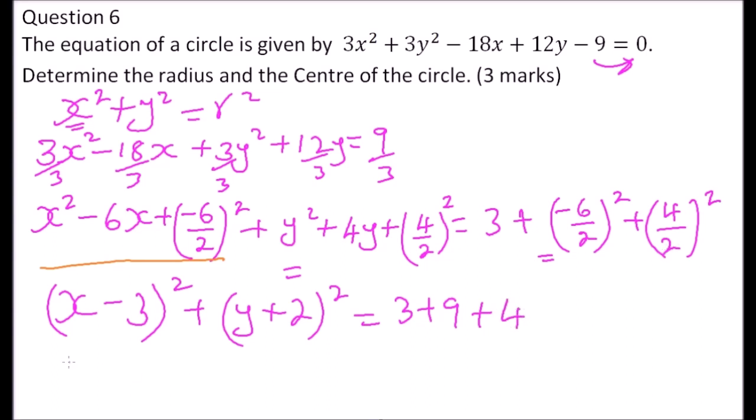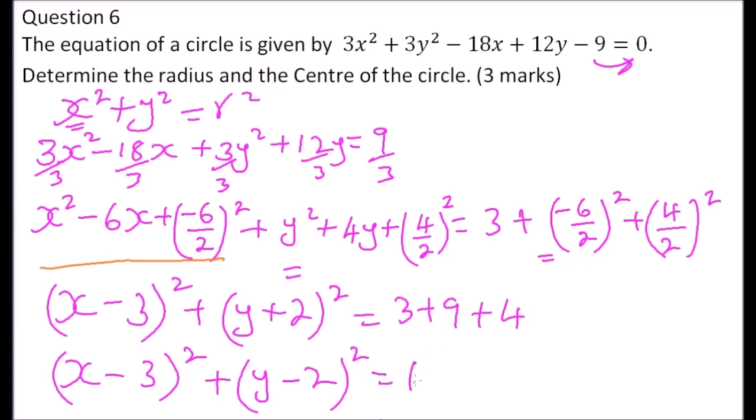So we have our (x minus 3) into bracket squared plus (y minus 2) into bracket squared is equal to 3 plus 9 is 12 plus 4, 16.